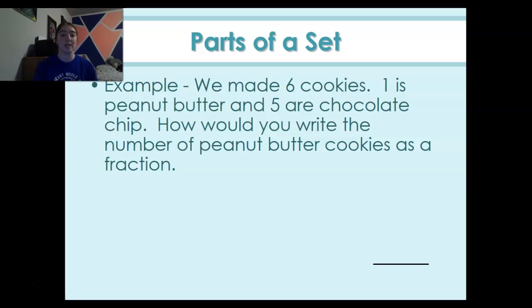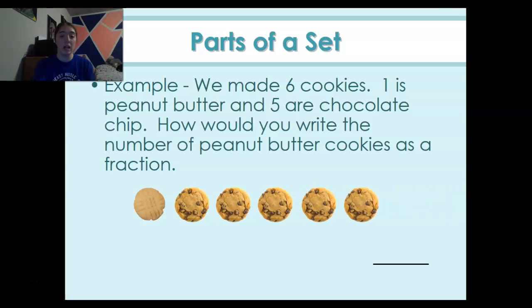So now we have parts of a set. So let's look at this example. It says we made 6 cookies, 1 peanut butter, and 5 are chocolate chip. How would you write the number of peanut butter cookies as a fraction? So we have 1 peanut butter cookie and we have 5 chocolate chip cookies.